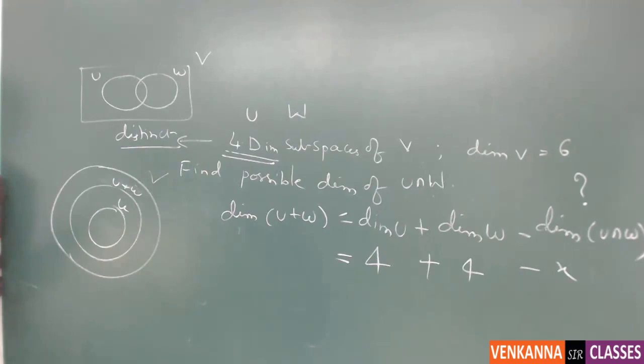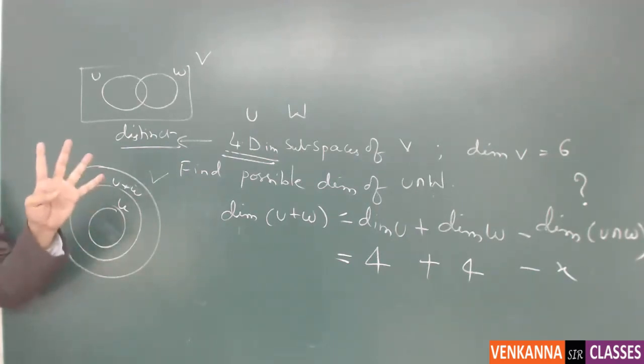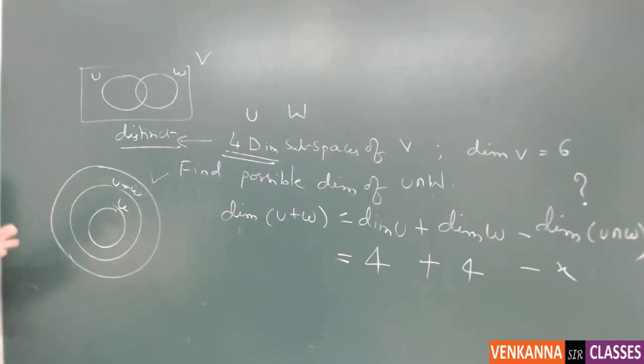So if you consider the sum of the spaces U plus W, that is always bigger than U. If U and W are the same, then U plus W also has the same dimension 4. If U is a subset of W, in that case U plus W is nothing but W. But he has mentioned that U and W both are different, distinct subspaces.